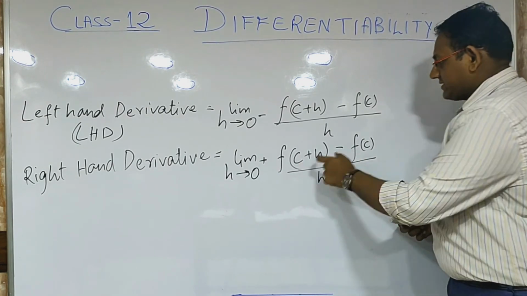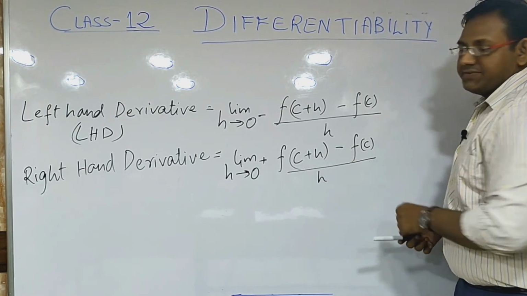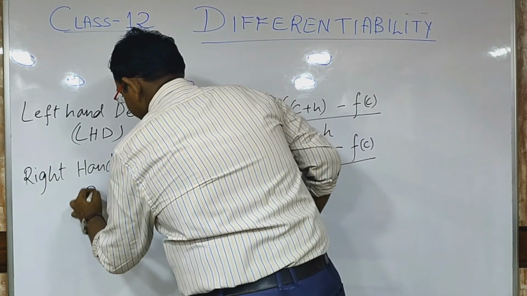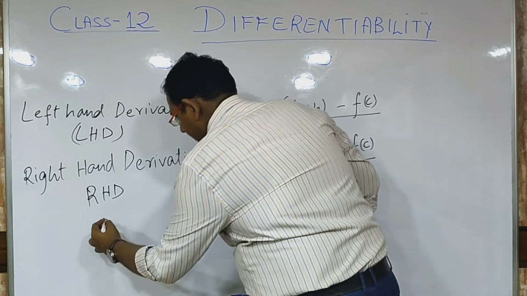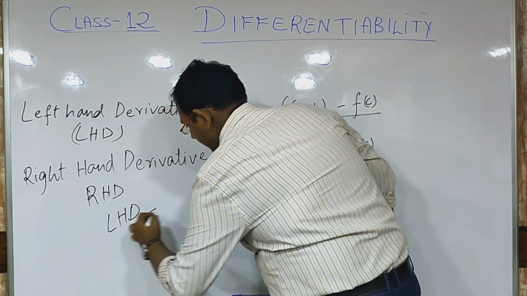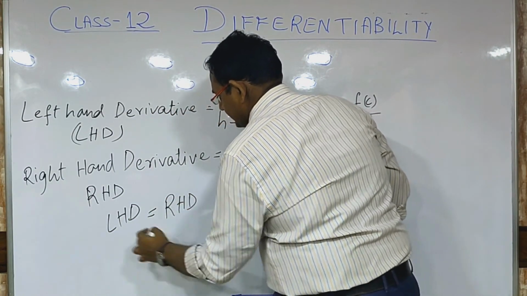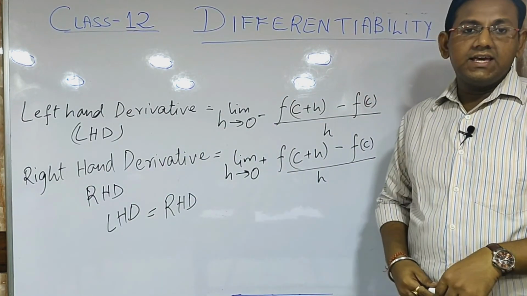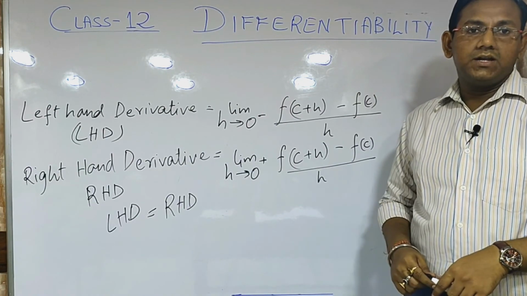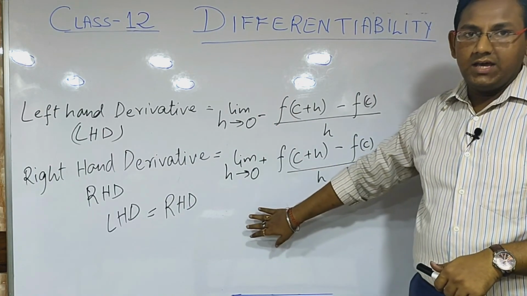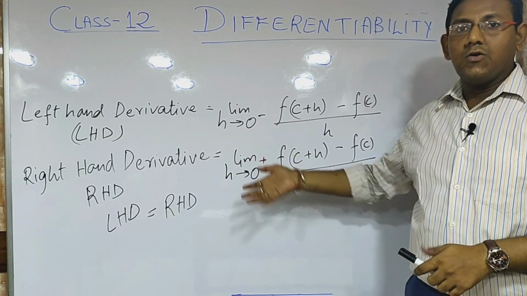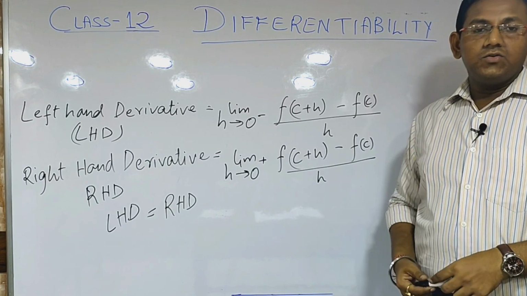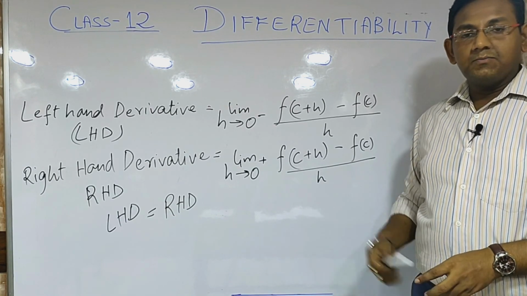We take the same expression, and this is called the right hand derivative, also known as RHD. In the case of differentiability, if LHD equals RHD, that means the left hand derivative equals the right hand derivative, then only we will say that the function is differentiable. This is the mathematical way, using the formula, to find out whether the function is differentiable or not. In the next video we are going to see examples based on this topic.